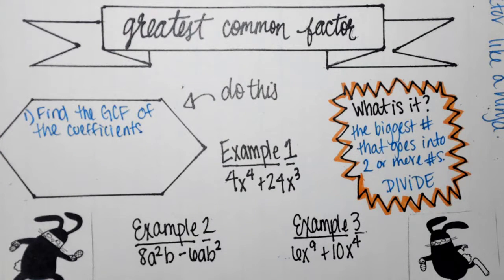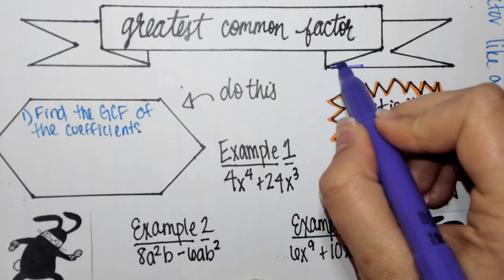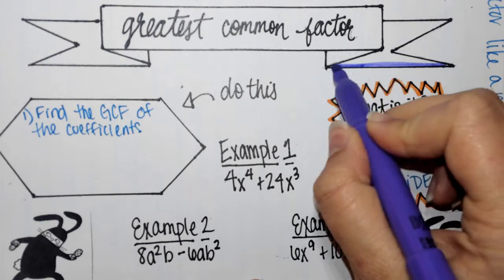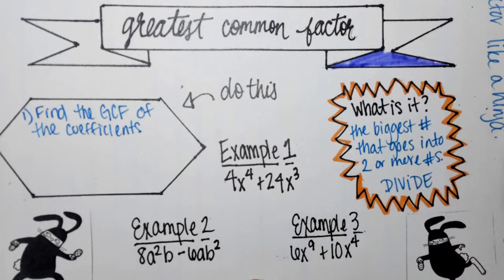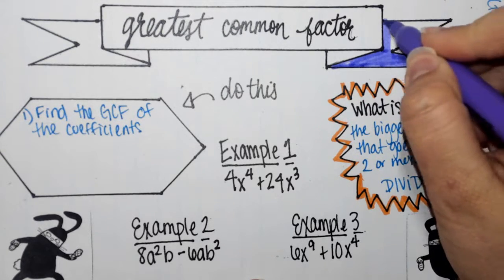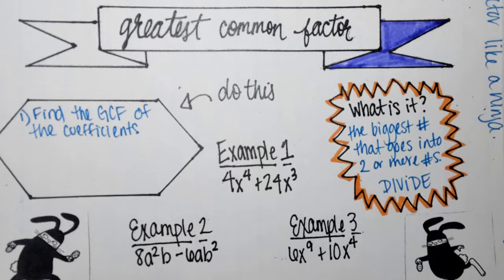So looking at example 1, what do you think the greatest common factor of our coefficients is? What's the biggest number that goes into both of those? 4. Why? Because 4 goes into 4 and 24. Fantastic. Take a point. It is the biggest number, so we have to pick the biggest.